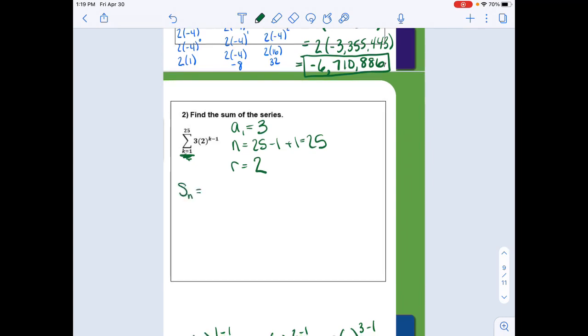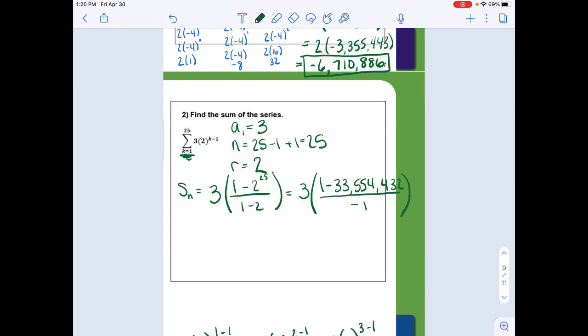We can go ahead and plug this into our geometric sum equation. I already did the work out. 1 minus 2 to the 25th power is negative 33,554,431, and it's all over negative 1.